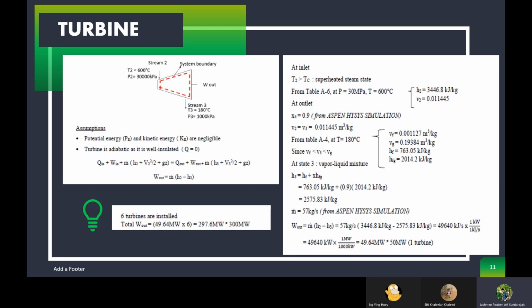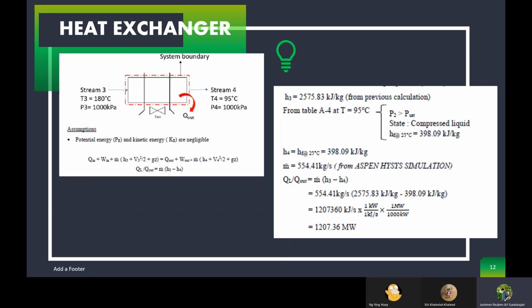Following on, the heat exchanger used in our steam power plant is the air-cooled condenser. In here, the mixture state steam from the turbine enters the heat exchanger and undergoes an isobaric cooling process, where the heat is rejected from the working fluid.